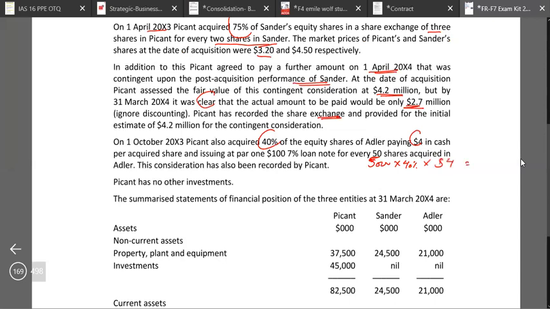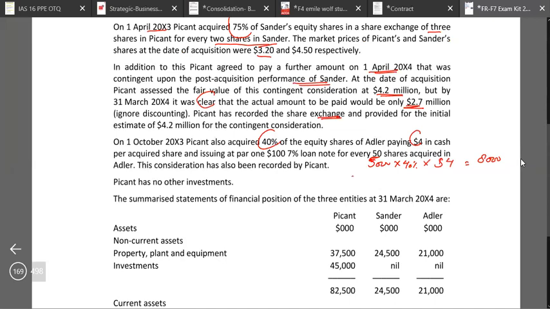Now we're going to calculate it. It is 5,000 into 0.4 into 4, which is 8,000. So the amount they paid in cash was 8,000. The other part was issuing loan notes of $100, 7%, for every 50 shares acquired.